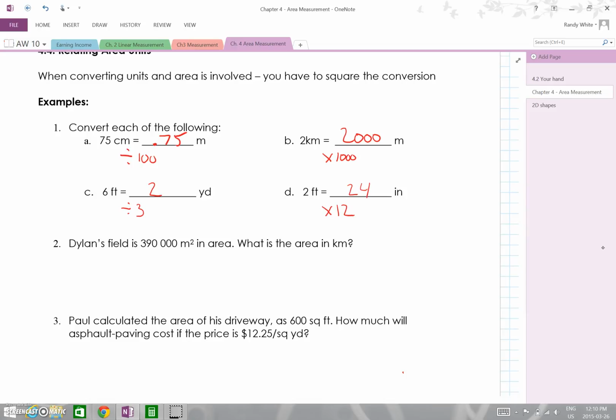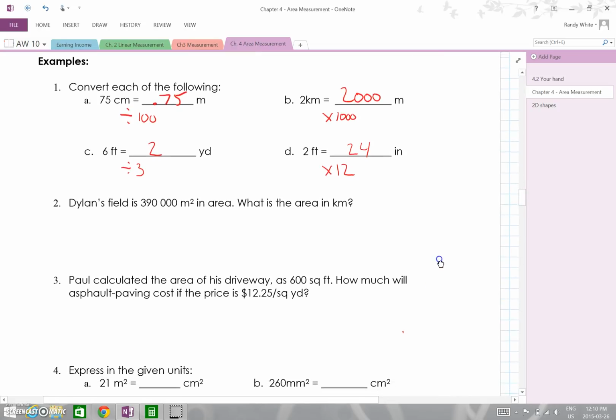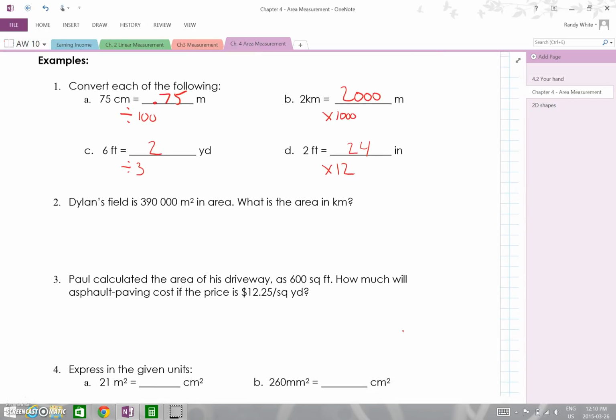All right, Dillon's field is 390,000 meters squared in area. What's the area in kilometers? So if I look on that charts and formula at the back, and I look under the metric units under area, I will see that 1 square kilometer is 1 million meters squared. Right?